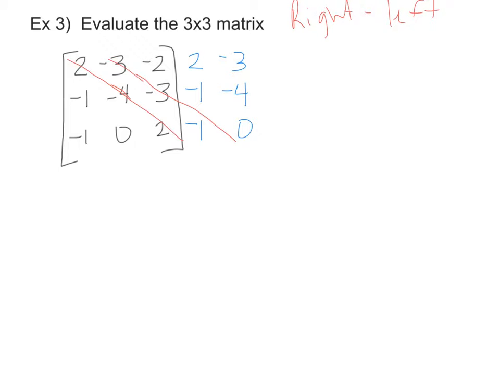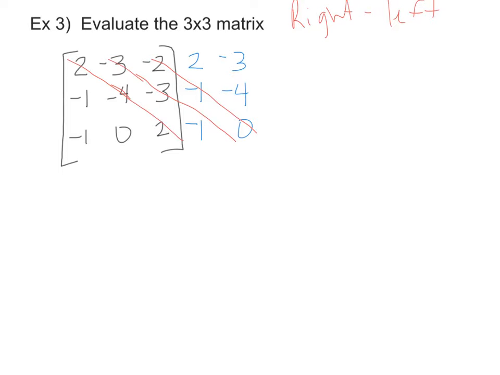So whenever you're working through these problems, now you have the right, all three of those are going to be the right value, and then you'll be able to subtract the left. So for a 3 by 3 matrix, you're going to have 3 terms on your right diagonal minus 3 terms on your left diagonal.